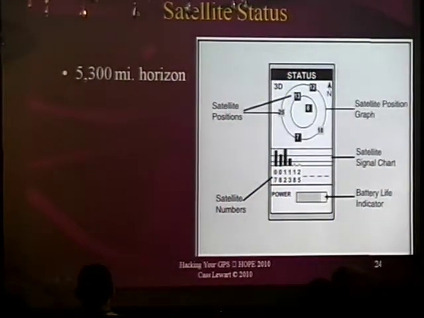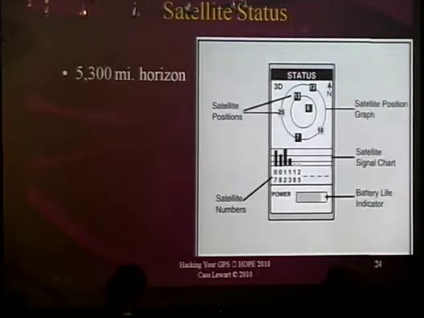Now here are the various screens. On each GPS you have a number of screens, and you can cycle through them. So this is the screen which shows you the satellite coverage.